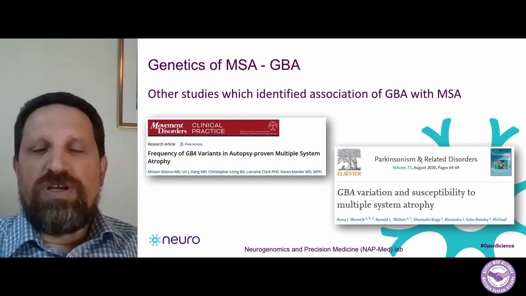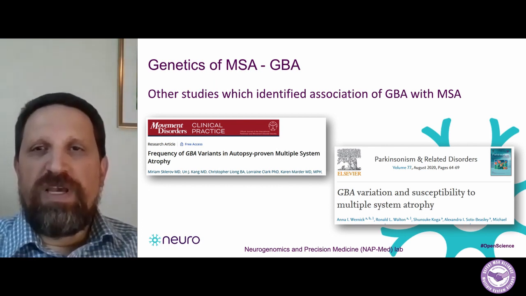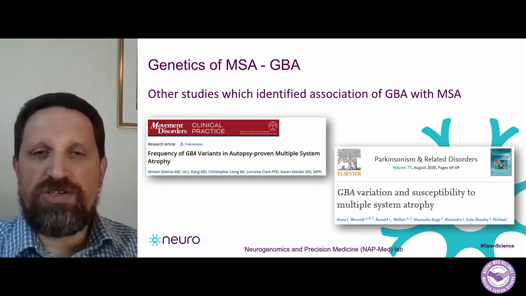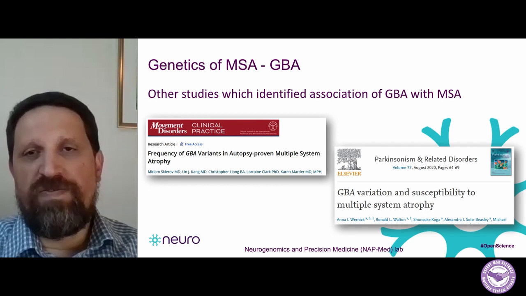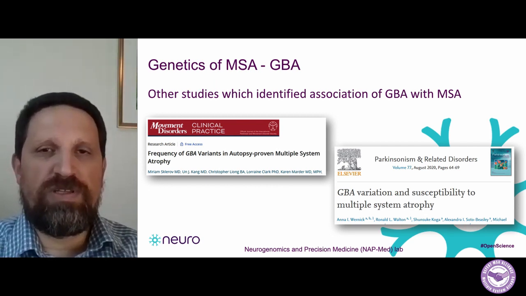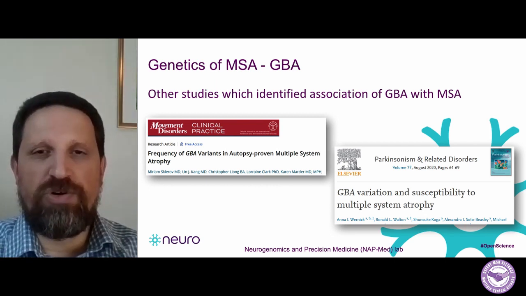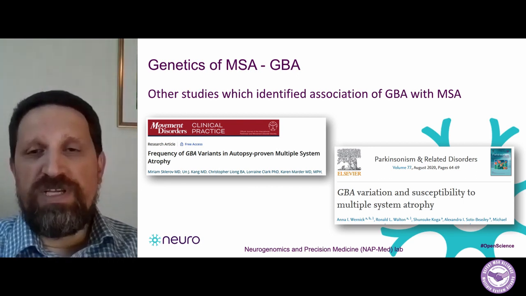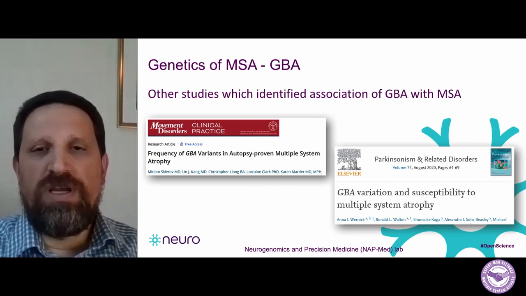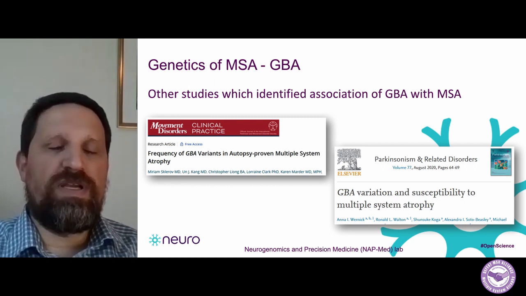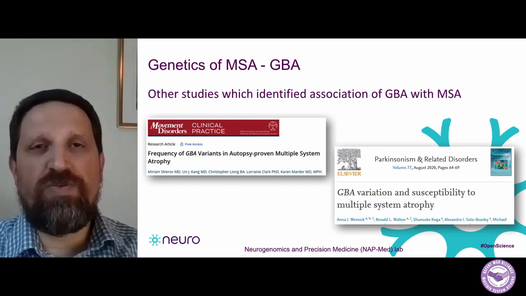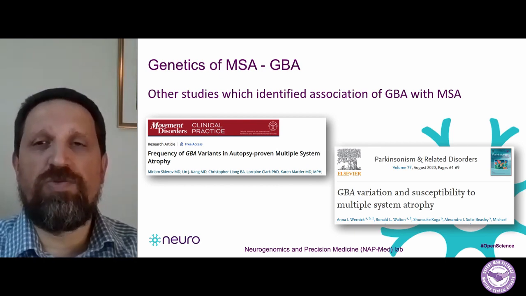There have been other studies that looked at GBA and MSA, and a couple of them at least found potential association with MSA as well, further supporting what the first study reported. But it's important to note that both these studies are quite small, so it's a little bit difficult to say conclusively whether GBA mutations are indeed associated with MSA.